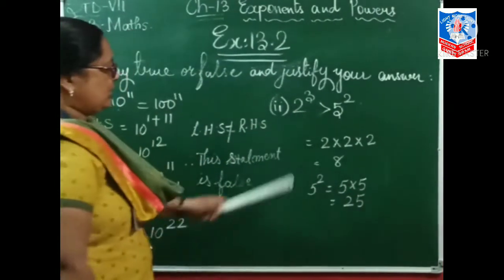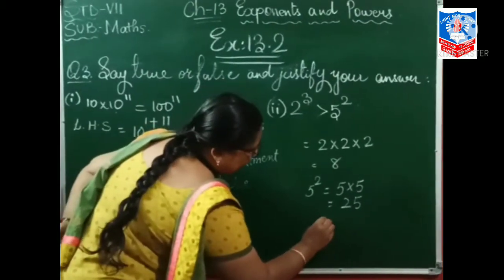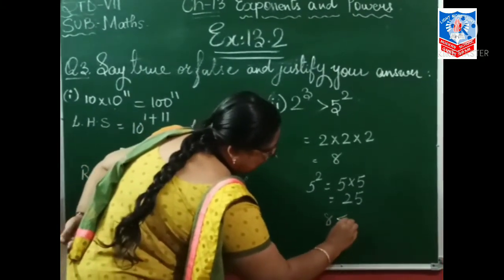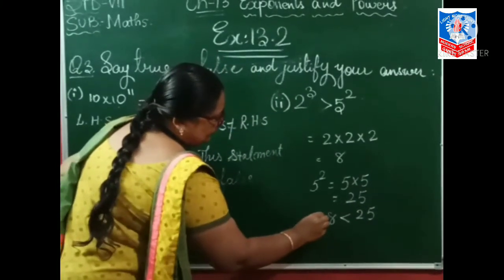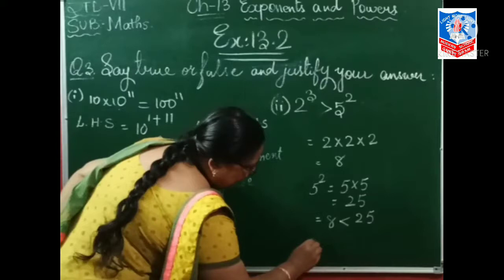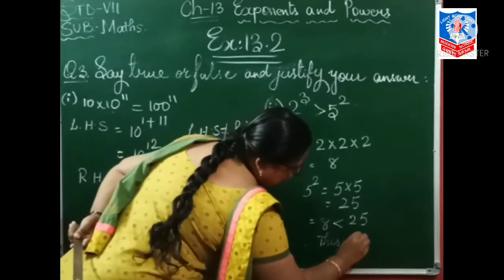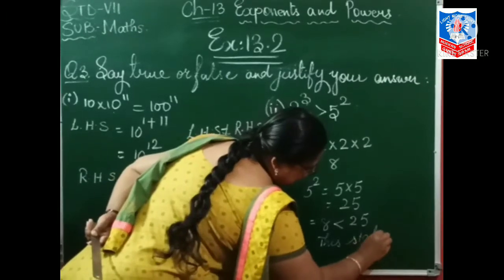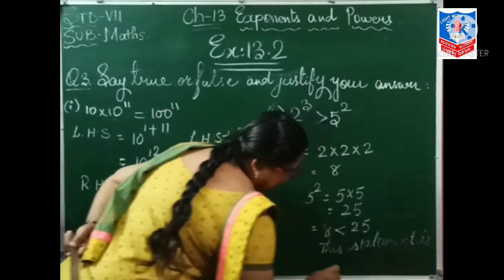Now see, this one is greater or this one? It is less than 25. Therefore, this is false.